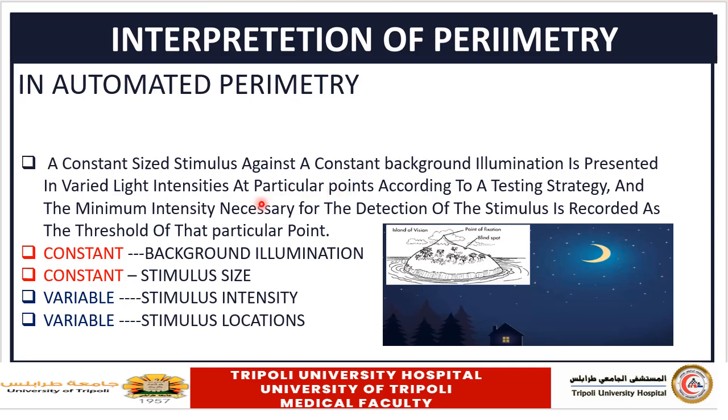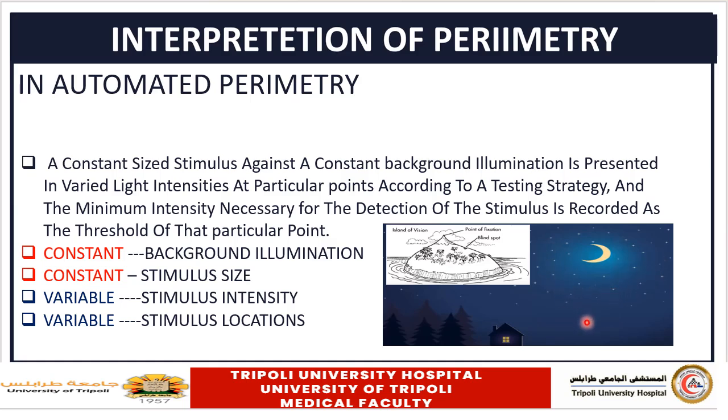And in reality, standard automated perimetry is exactly like when we see the stars in the sky at night. The stars represent the stimulus, and the background illumination is the sky. So in the daytime, because of the high illumination and high brightness of the sky, you will not see the stars.